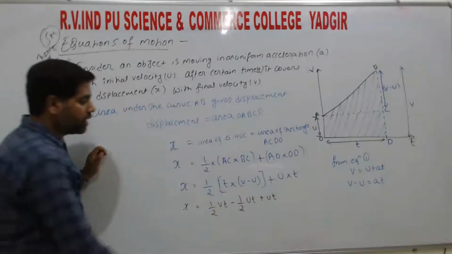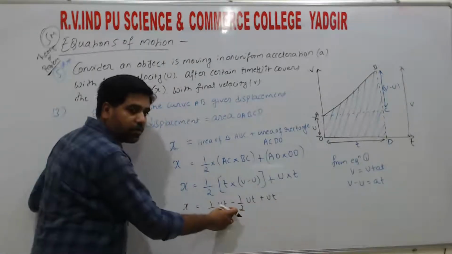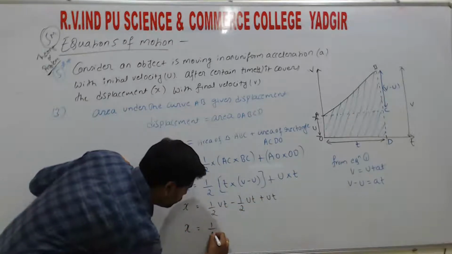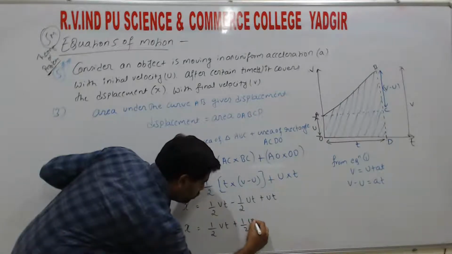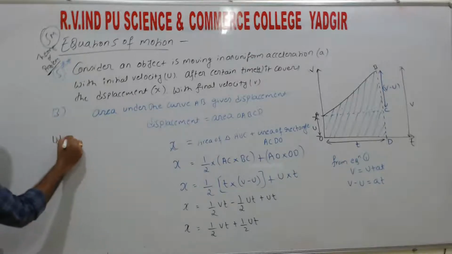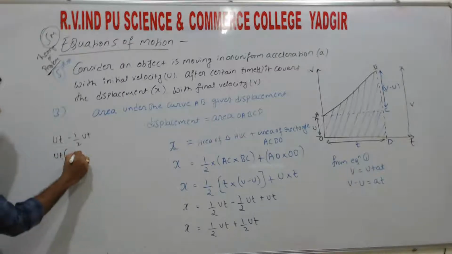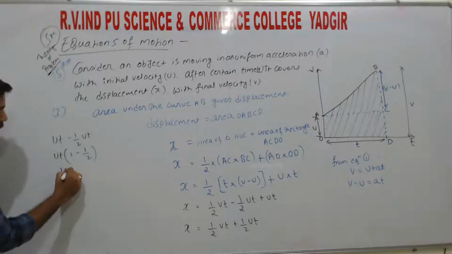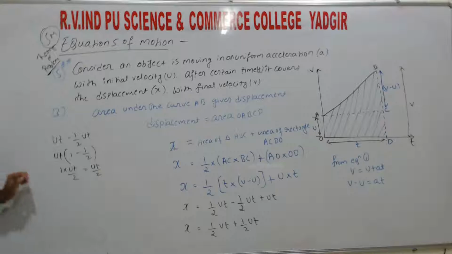So here we have the two same terms Ut and Ut, one positive and one with minus. So again we get x is equal to 1 by 2 Vt plus 1 by 2 Ut. Right? So by taking LCM, Ut minus 1 by 2 Ut. Right? So in this Ut, if we take common, 1 minus 1 by 2. Right? So 2 minus 1 is 1, into Ut by 2. So again we get Ut by 2. Right?